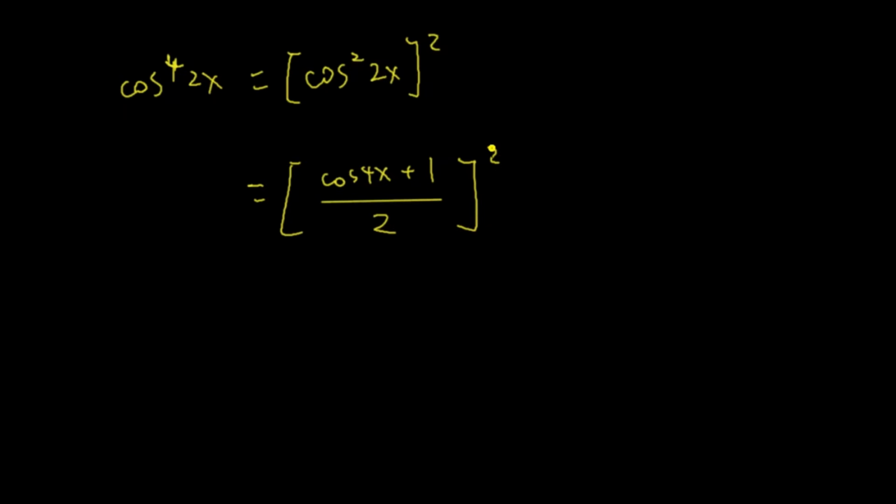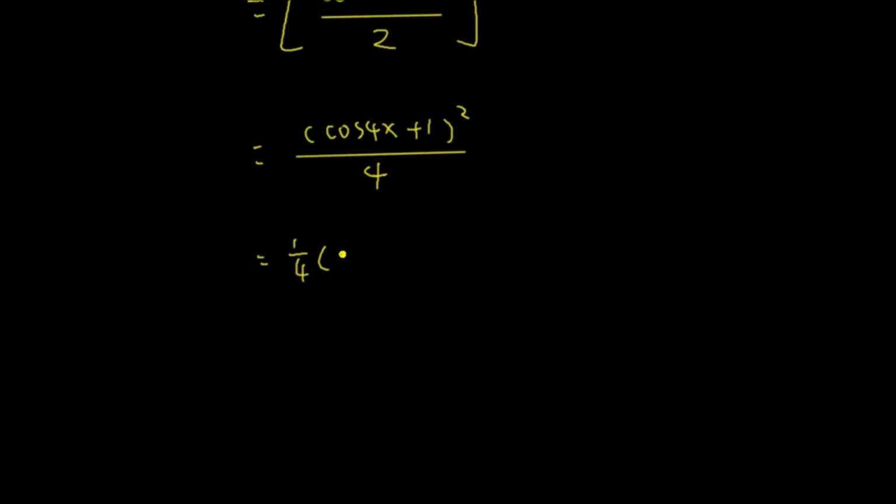Okay, let's distribute the exponent to the numerator and the denominator. That is (cosine 4x plus 1) squared, all divided by 2 squared. 2 squared is 4.